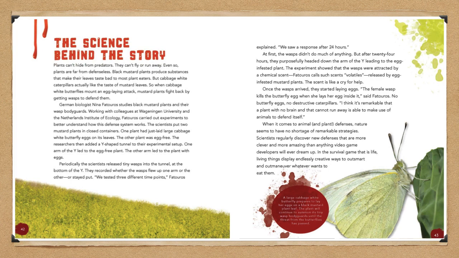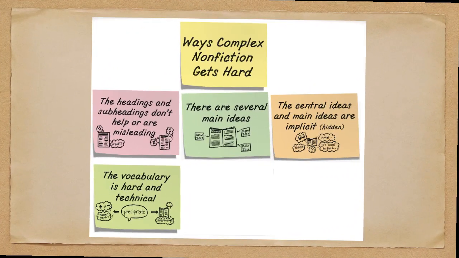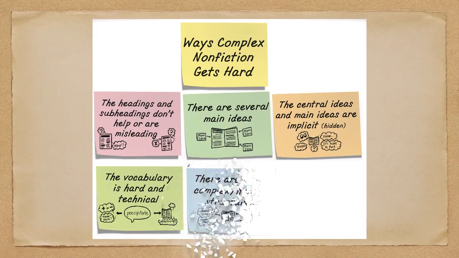It's like our subtopic here, about how scientists study black mustard plants, is going to contain a lot of parts. These similar parts might contain different text structures, and the author would include signals that help us identify the structure of a chunk.